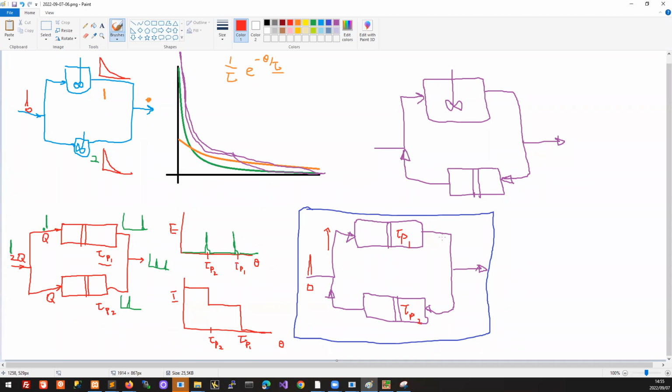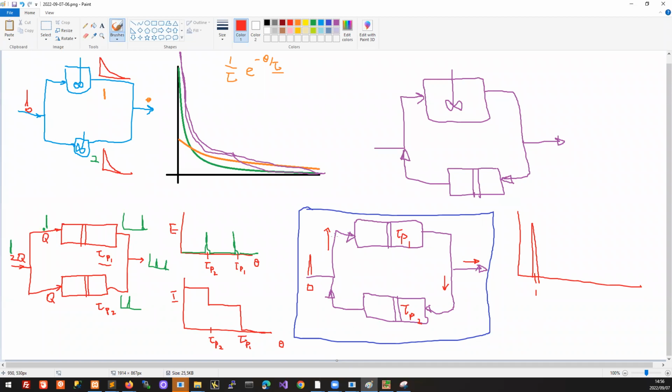It's delayed by tau p1, and then part goes off over here. So part of that trace will exit at tau p1, so you get a spike here, and I'm just going to call that 1. But part is going to keep going down here, and that will get delayed by tau p2.